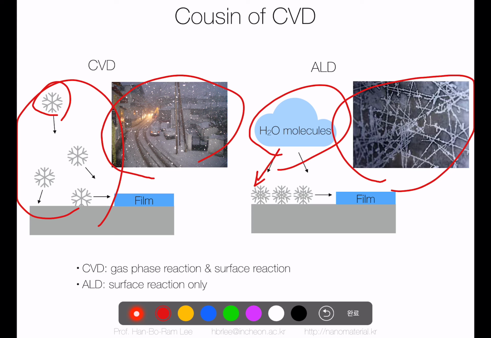So in ALD we only have the surface reaction, not the gas phase reaction. That is the really big difference from CVD. This is the very important growth mechanism of ALD, because it gives a lot of advantages like excellent conformality and surface dependent growth.